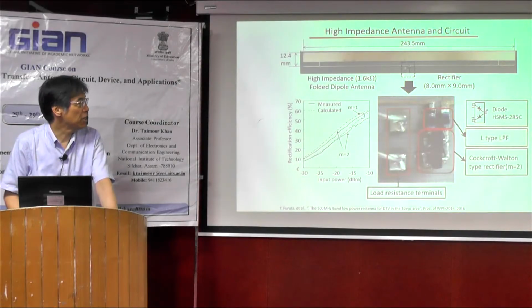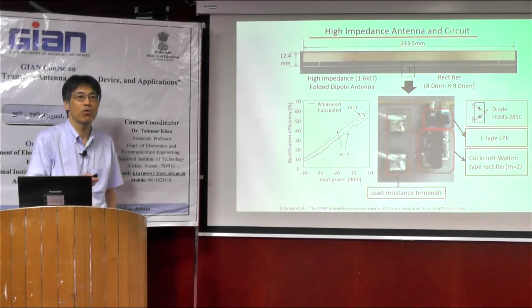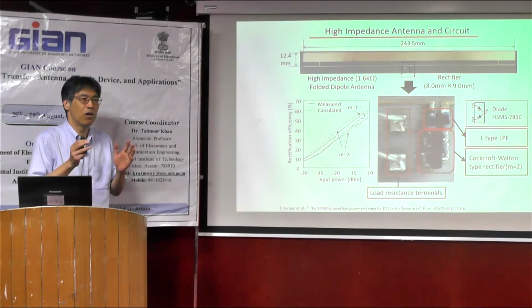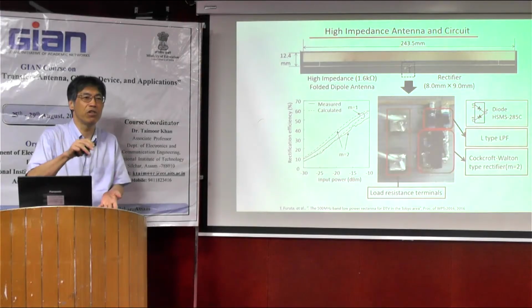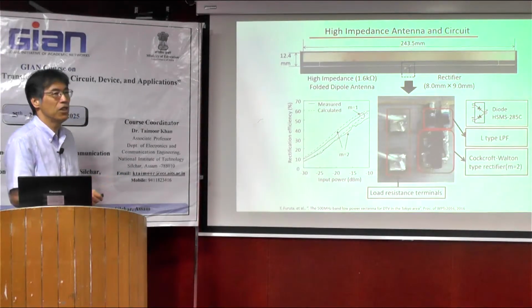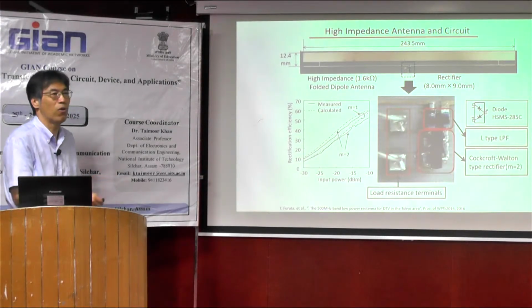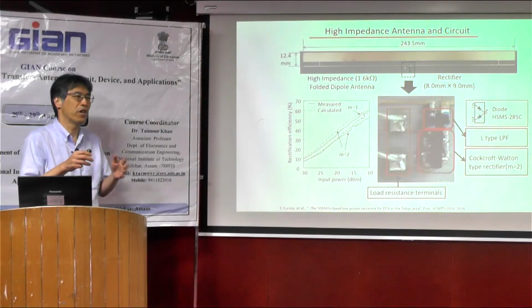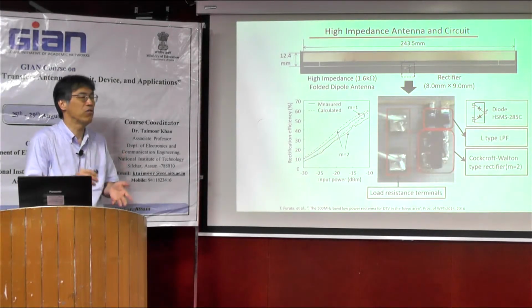And this is the most famous and the most effective approach for energy harvesting: high impedance. As I mentioned now, when we use a resonator, the resonator has an impedance of infinity, and as a result, we can increase the voltage at the diode. So impedance itself will be higher, for example, a few kilo ohms. As a result, we can increase the voltage added to the diode, and as a result, we can increase the efficiency.